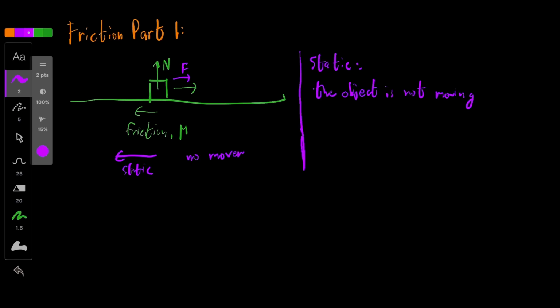Now, the thing with static friction is it is a variable force. So what do I mean by this? I mean that this can take on as many values as it wants up to a certain maximum. Now, what is this maximum?